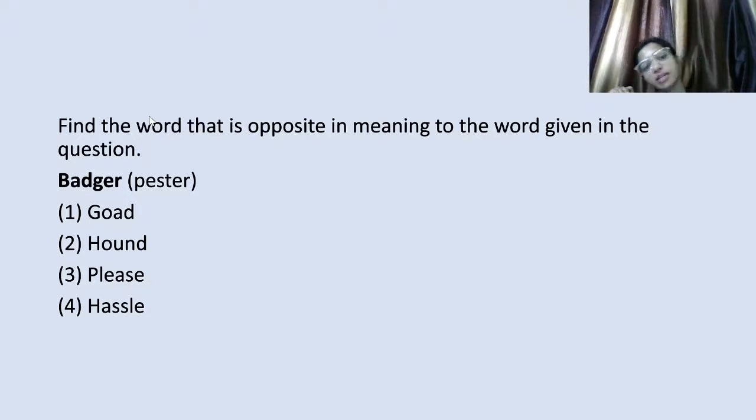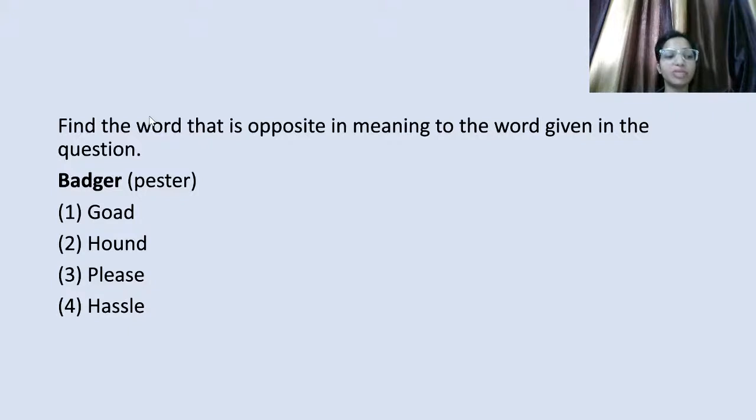So let's begin. Today's first word is badger, and I have to find the word that is opposite in meaning to badger. First option is goad, second, hound, third, please, and fourth, hassle.